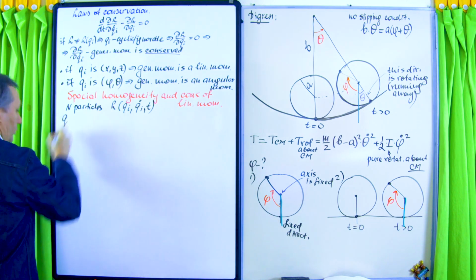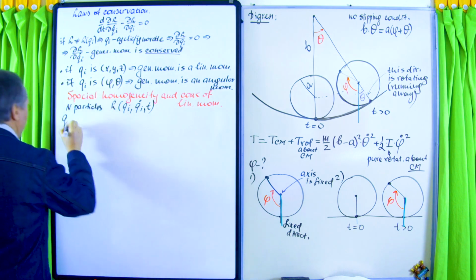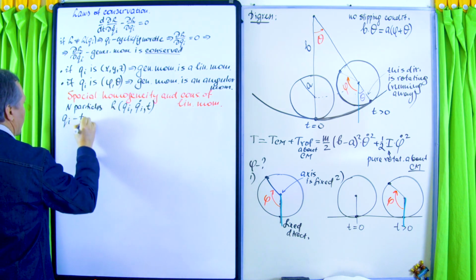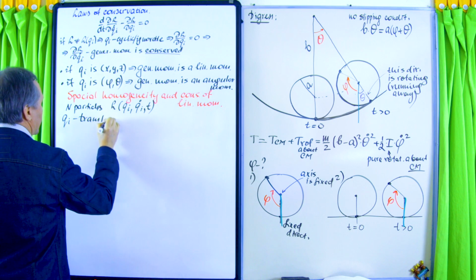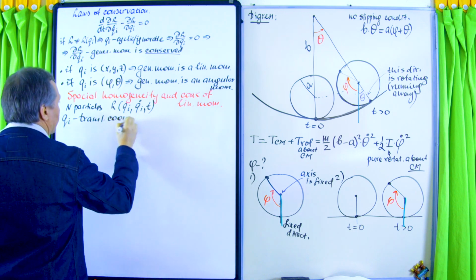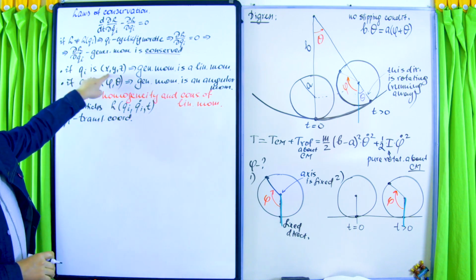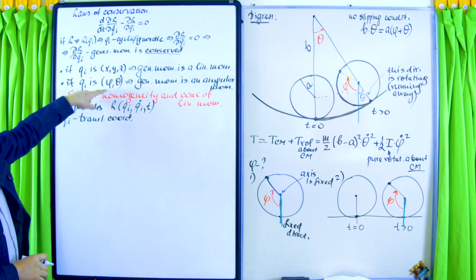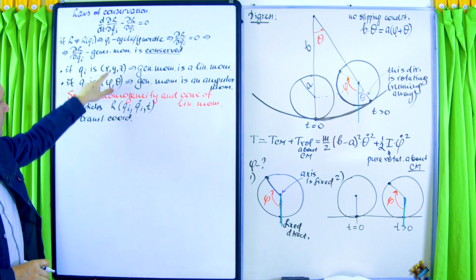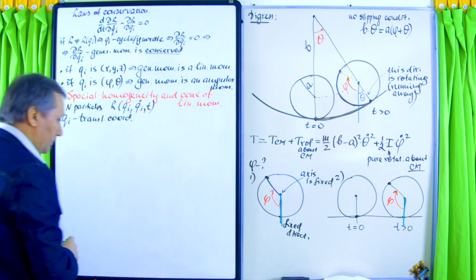And let's assume that some q_i is a translational coordinate, like here I wrote it, x, y, z, translational coordinates, and here angular coordinates. So we're talking about this translational one, right?